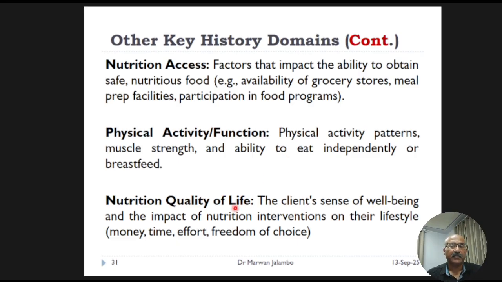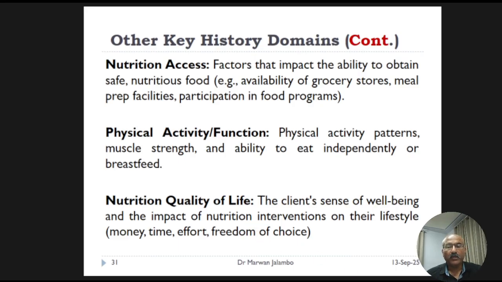And finally, and this is often overlooked, we must consider nutrition quality of life. We need to be sensitive to the impact our recommendation will have on the client's lifestyle: the cost, time, effort, and loss of freedom. An intervention that drastically reduces a person's quality of life is unlikely to be sustainable.